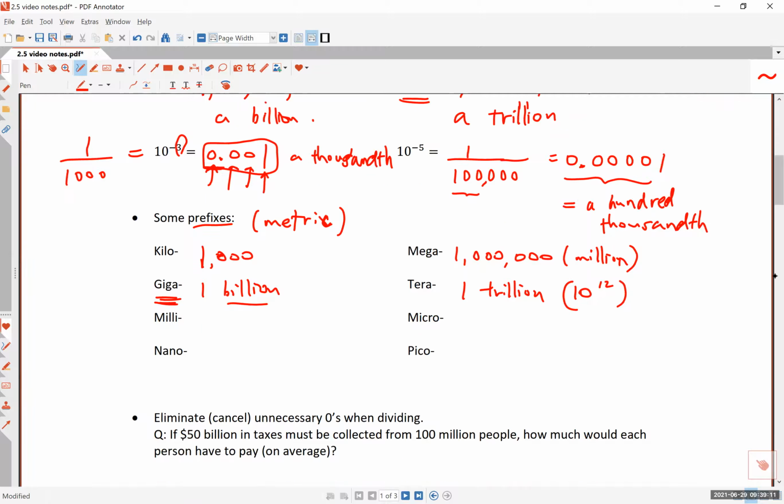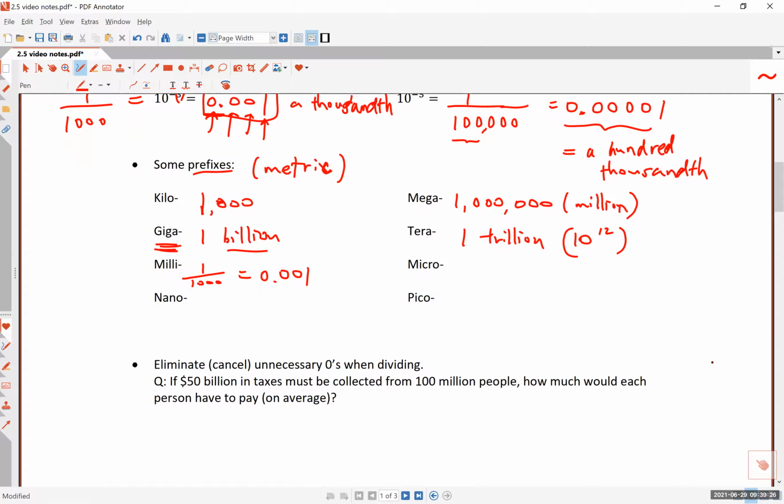Okay, now on the smaller side, a milli is 1 out of 1,000. So it's a thousandth, and you can also write this as 0.001. And so a millimeter is a thousandth of a meter. A micro is 1 over a million.